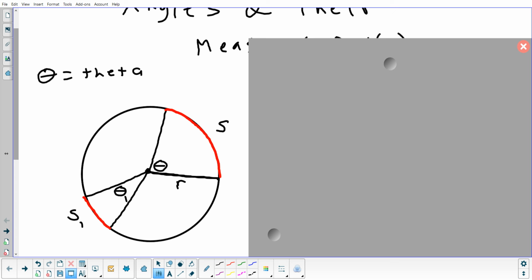So I've got theta, and then S is the arc that's created from that angle. And then I have theta 1, which in this case looks a little smaller. Not really important, but it does look smaller. And it creates an arc, and I called that one S1. So I have two angles and two arcs. Any question on that diagram?